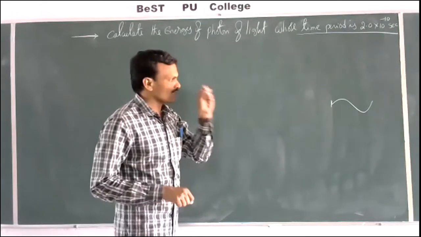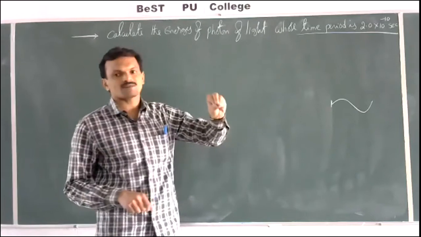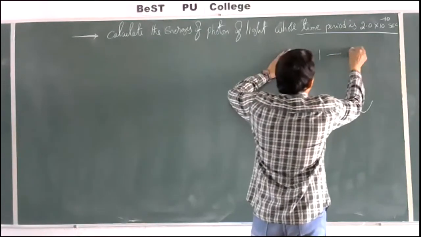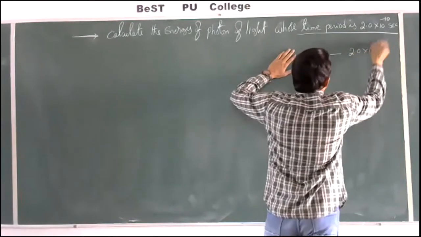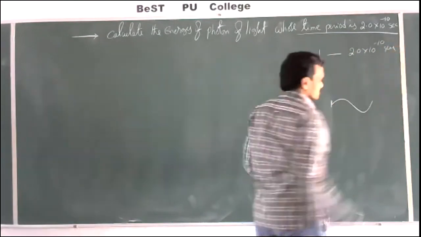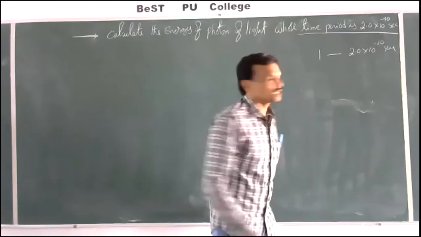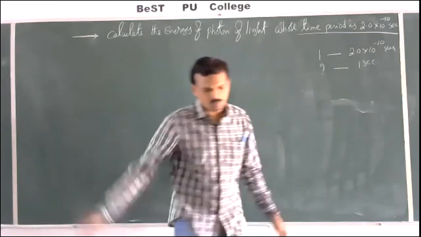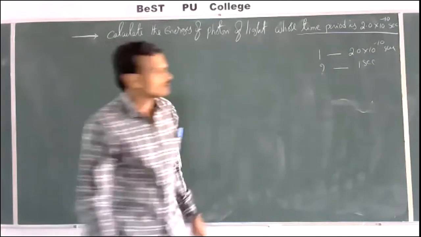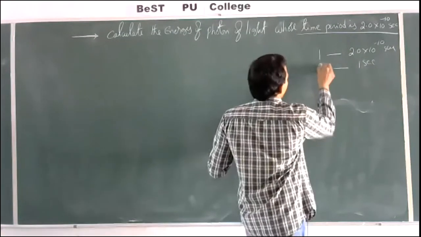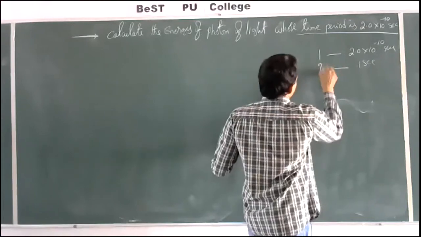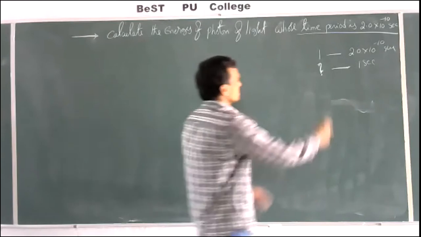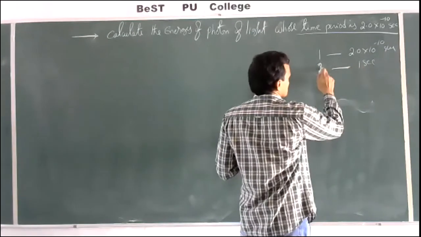So frequency is simply the reciprocal of the time period. Here, one wave in 2.0 into 10 power minus 10 seconds. Then what is the frequency? In 1 second, how many waves can propagate? That is the frequency nu. If you do this, 1 divided by the time period, this is nu.